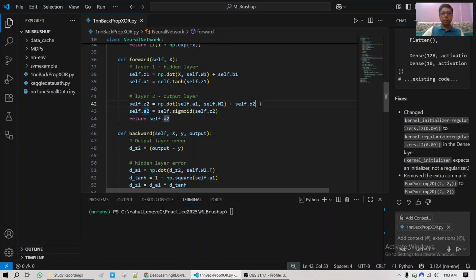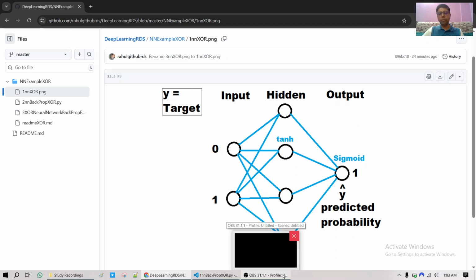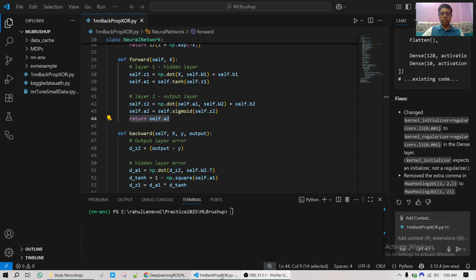In the output layer, we see the dot product of the hidden output and the weights, and we add the bias, and this goes through the sigmoid function, and ultimately we get the output, that is self.a2, which is nothing but the output of this particular node. So that will be close to 1 or 0 as per the learning we see.